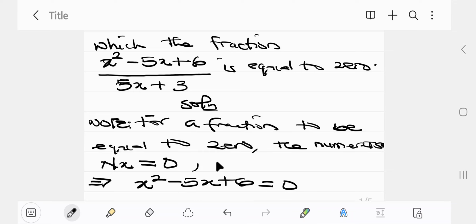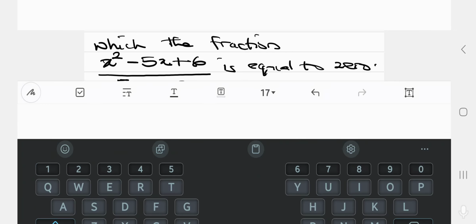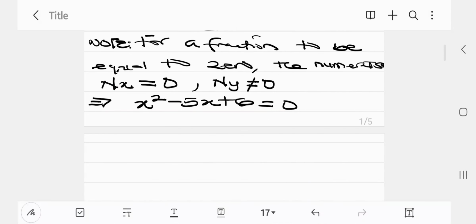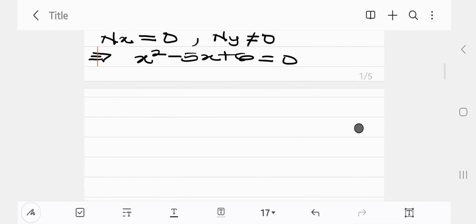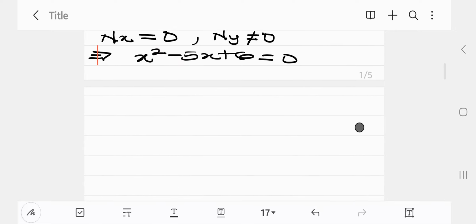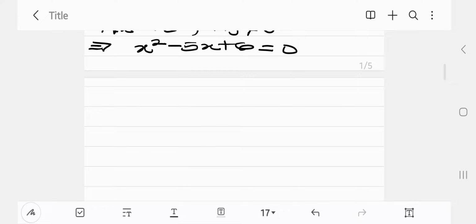Also note that the denominator n of y cannot be 0. If it is equal to 0, then automatically the fraction can't be equal to 0. So let's proceed.